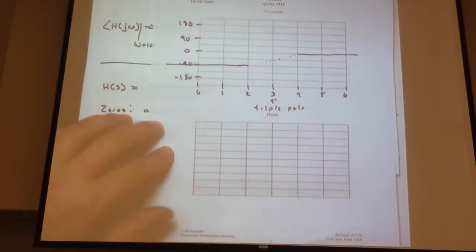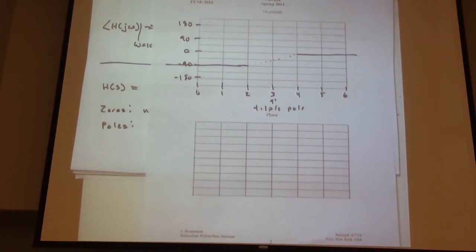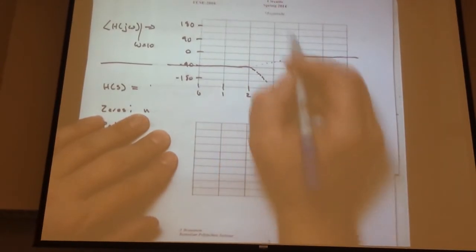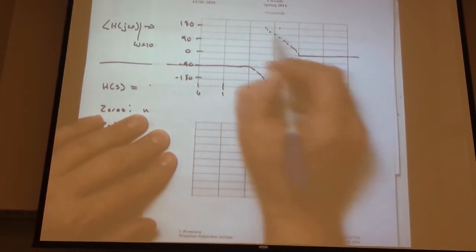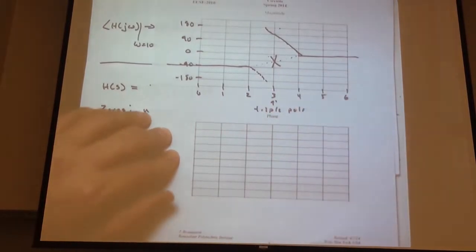Is that okay? Is that right? What direction do we move on a pole? We go down, negative. We can wrap. Here's our phase change. This is not correct.